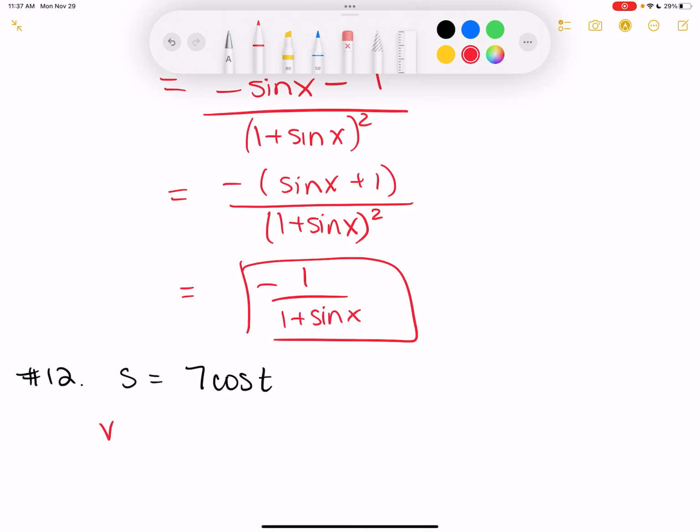So I want velocity, which is the derivative of position. So what would the derivative of 7 cosine of t be?